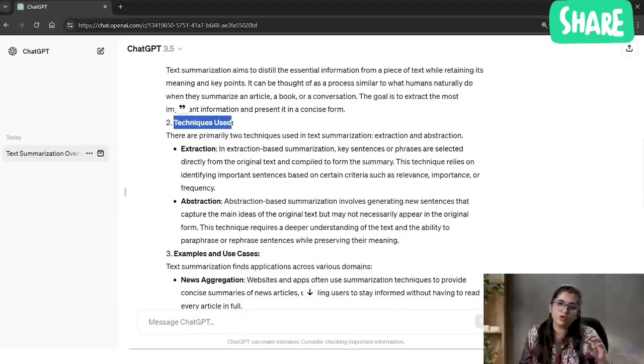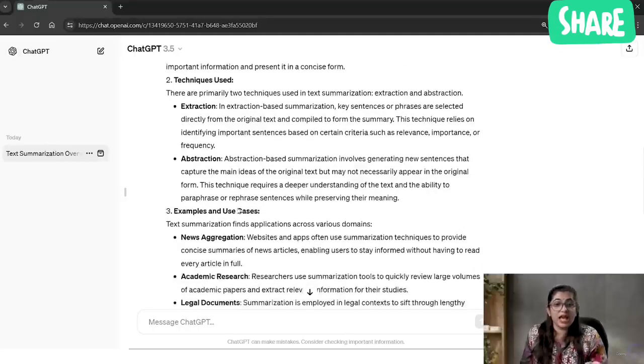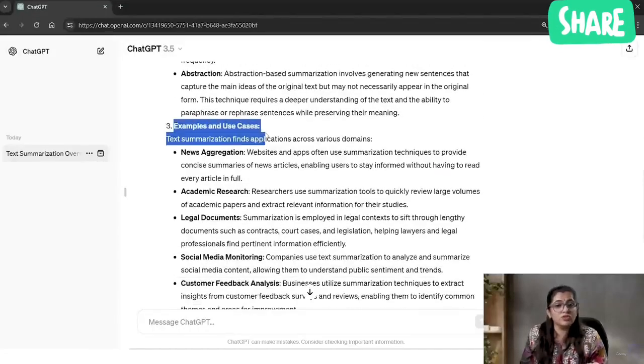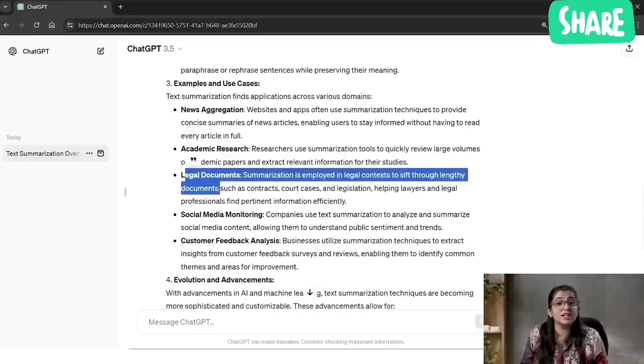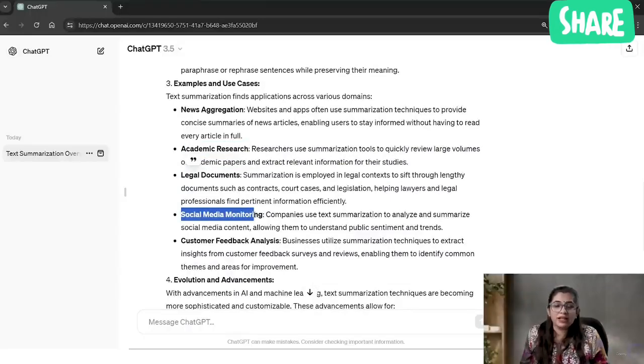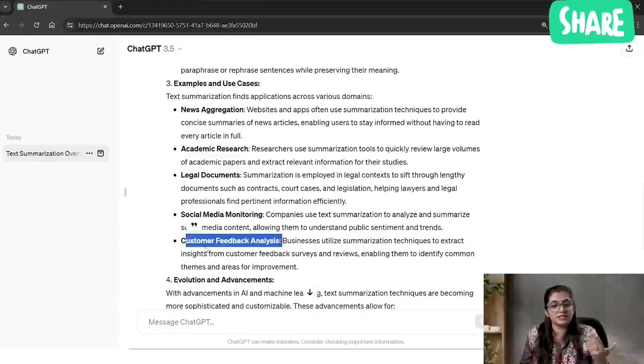Now, we also highlighted that please ensure that you are using extraction and abstraction also to explain text summarization. And along with that, use examples and use cases also, where it is highlighting the applications in various domains: in news aggregation, academic research, legal documents, that is your law, in branding, social media, in customer feedback analysis, which different companies use.